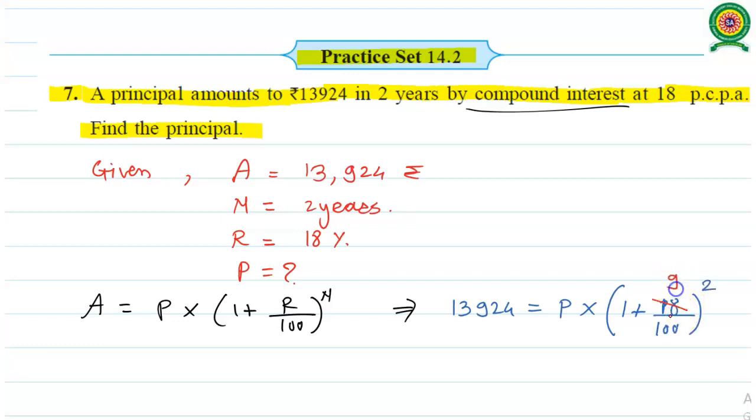Now 2 9s are 18 and 5 2s are 100, so we have 13,924 equals P into 1 plus 9 divided by 50, the whole square.